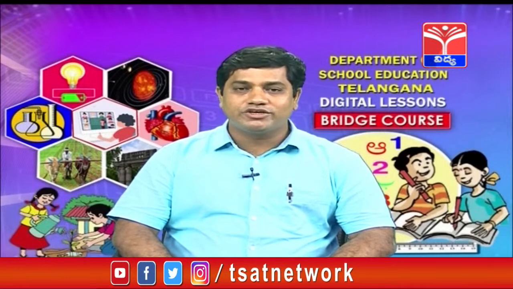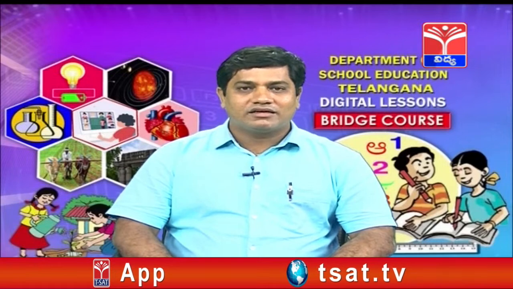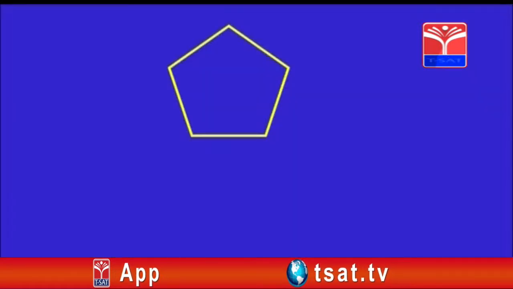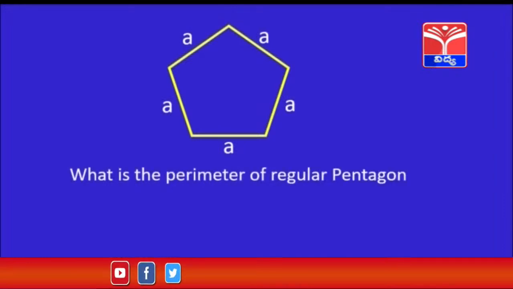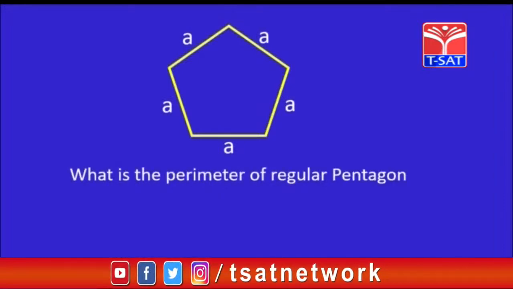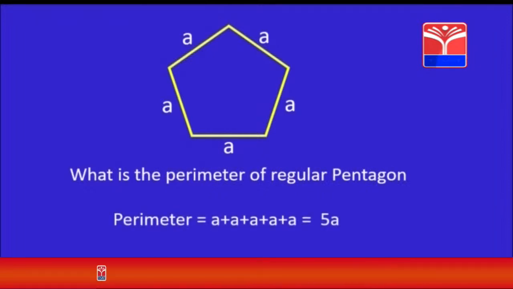Here I am showing you one example to solve in your notebook. Here it is having 5 sides. The 5 sides are equal. It is regular pentagon. Now tell me the perimeter. As usual we have added all the sides, A plus A plus A plus A plus A, 5A.